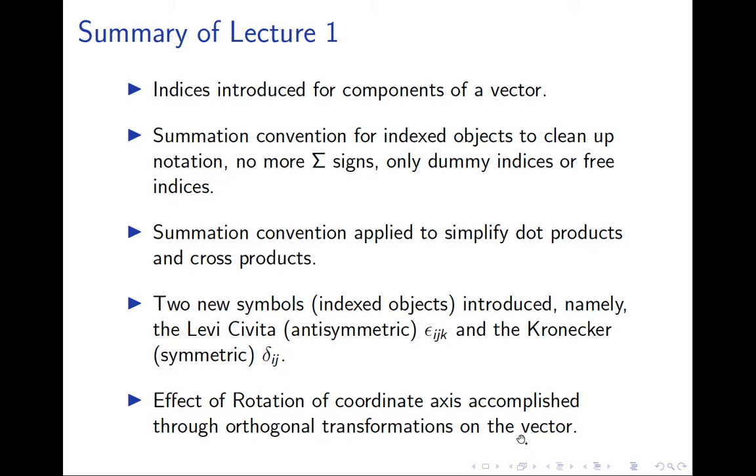In the next lecture we will see that this is how we will define a general vector, not just the position vector, through its properties under rotation of coordinate axes. We will define a vector to be an object whose components change in identical fashion to those of the position vector under rotation of coordinate axes. That is going to be a new and improved definition of a vector.